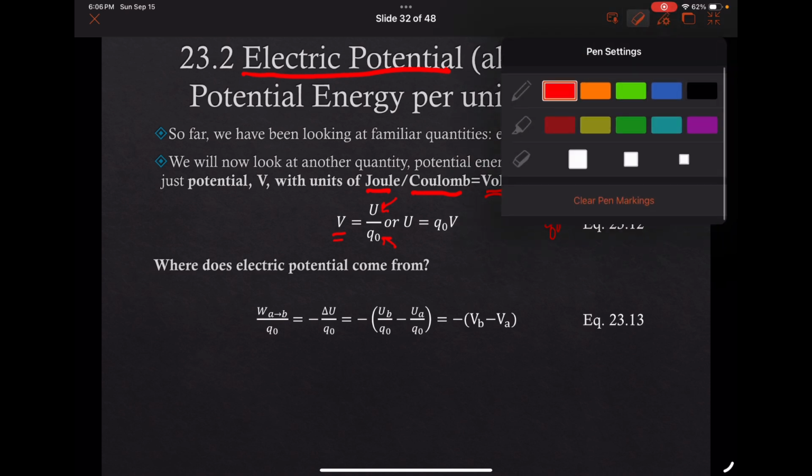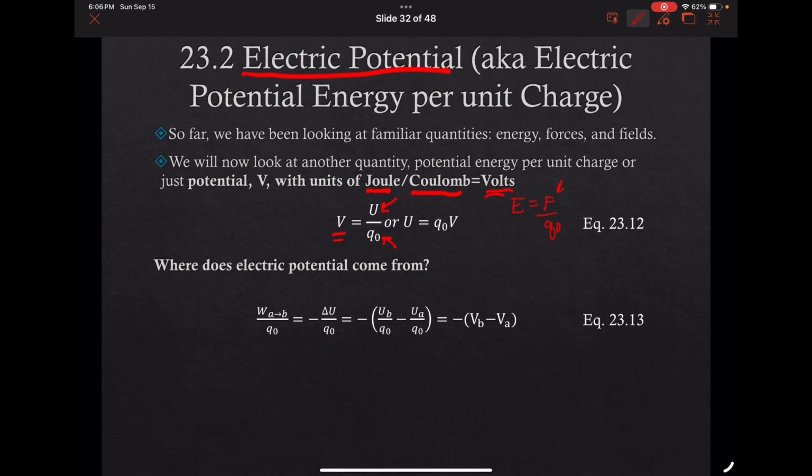This is how we can understand what a change in potential is. A change in potential is simply the work done to move a particle from A to B, and that's an arbitrary particle. So we scale the work done to move that particle by its charge, and that gives us the negative change in potential, which ends up being VA minus VB.